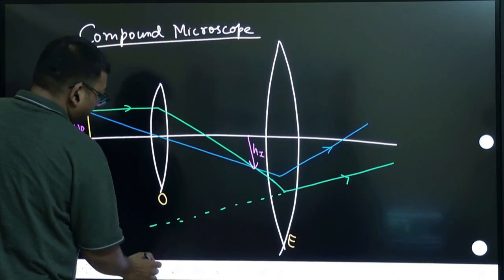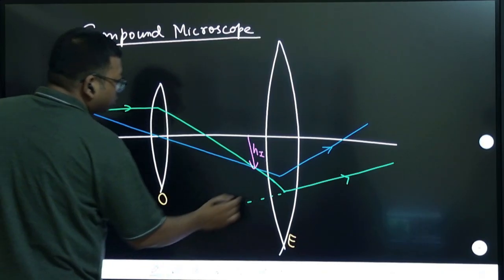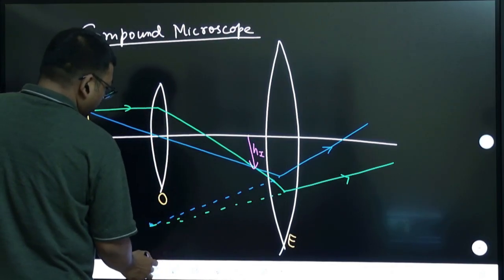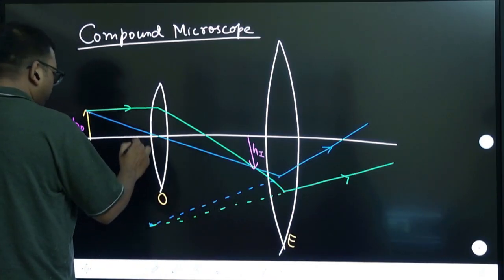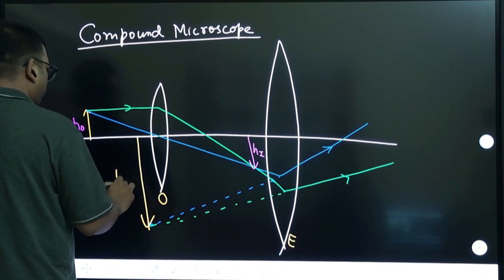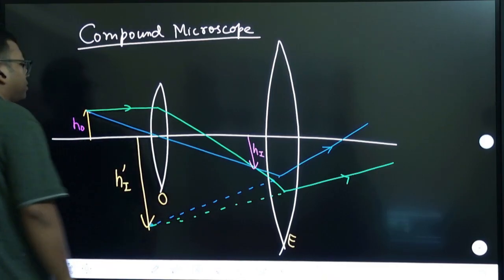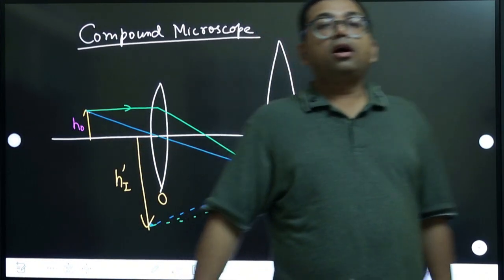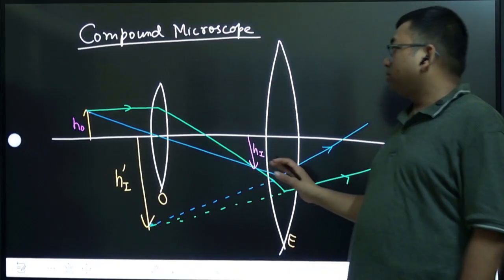When you extend them backward, they appear to meet somewhere, and this is the final image that is called H I dash. That's the final image which is formed.